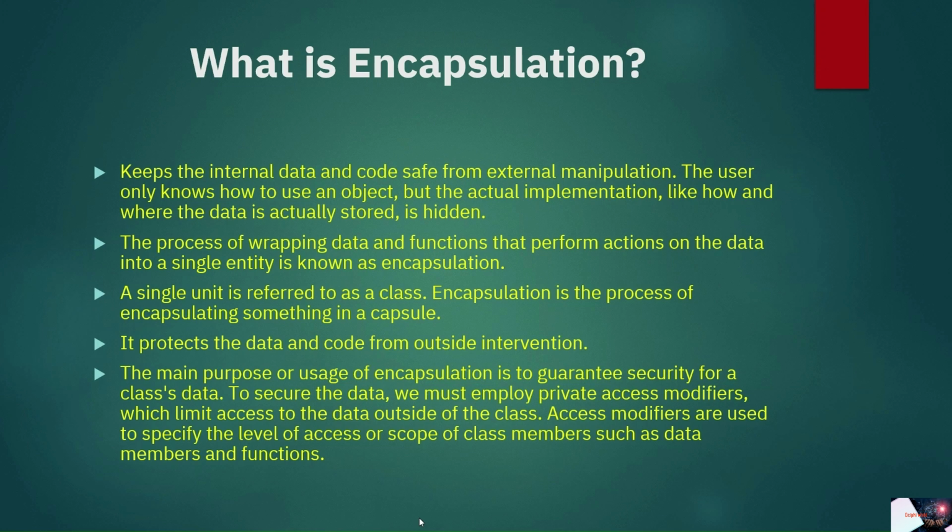To secure the data, we must employ the private access modifier, which limits access to the data outside of the class. So we make our class data members private or protected, and that way we can limit access directly from outside of the class.